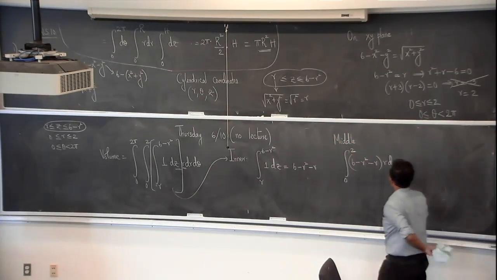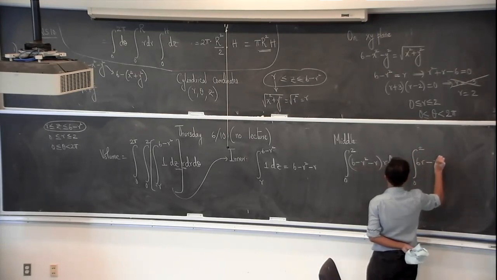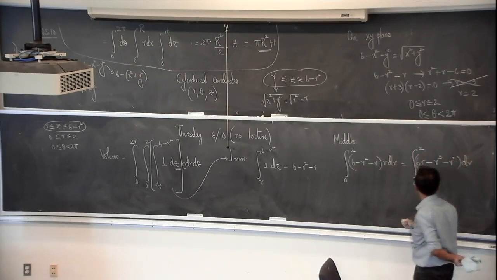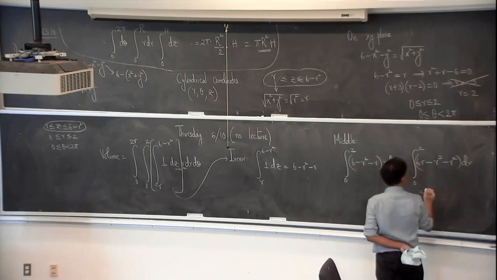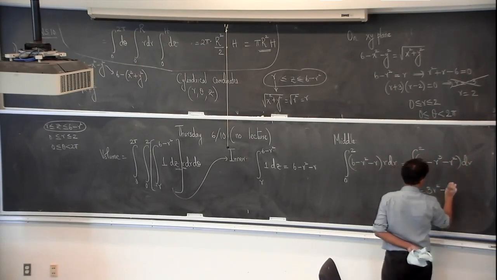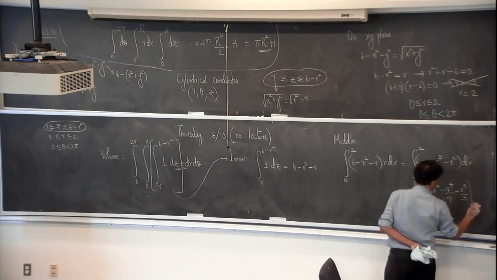So this is the integral of 6r minus r cubed minus r square dr. For all calculus 1 terms, this is 3r square minus r to the 4 over 4 minus r cubed over 3, from 0 to 2.